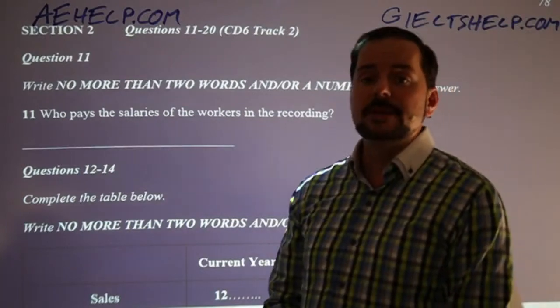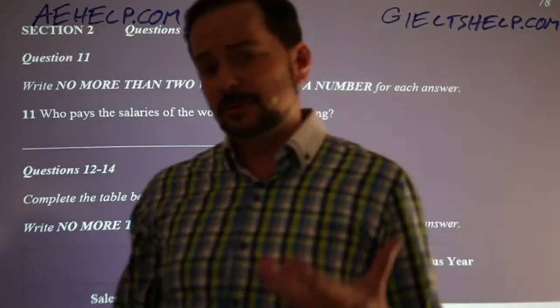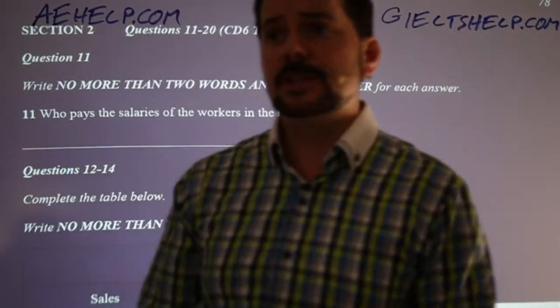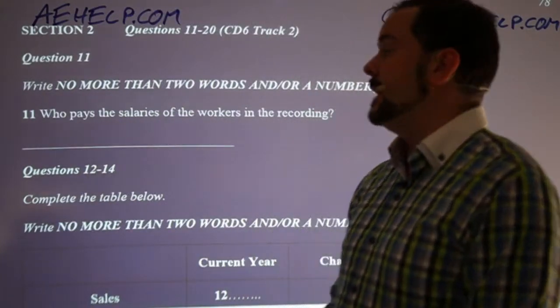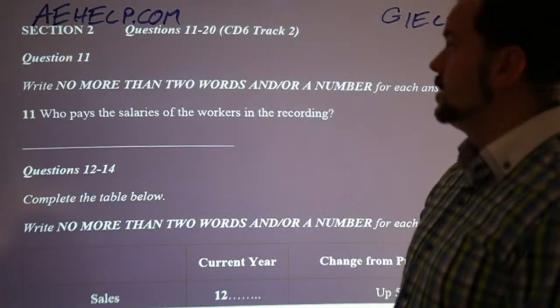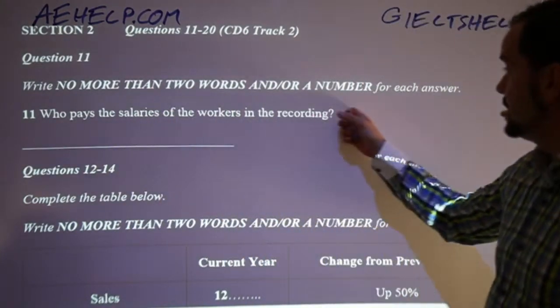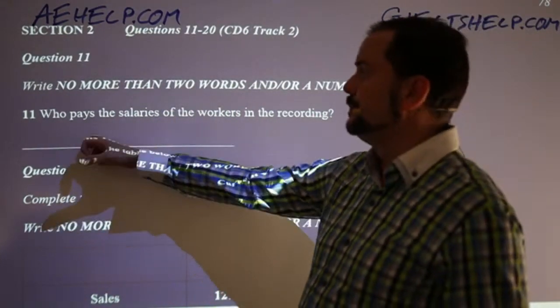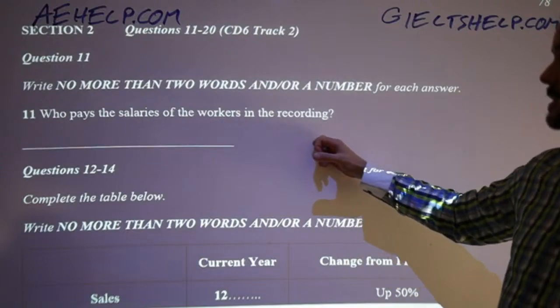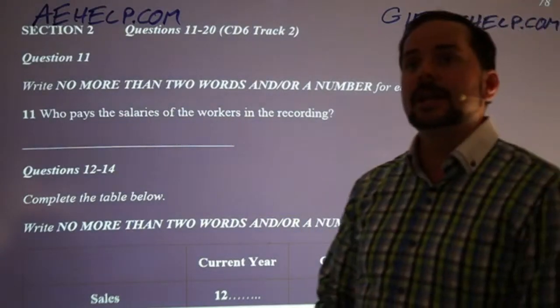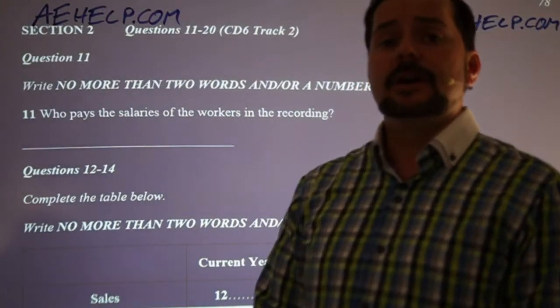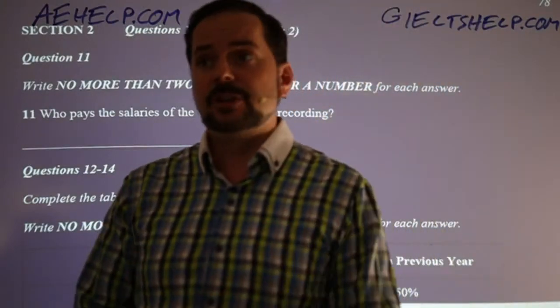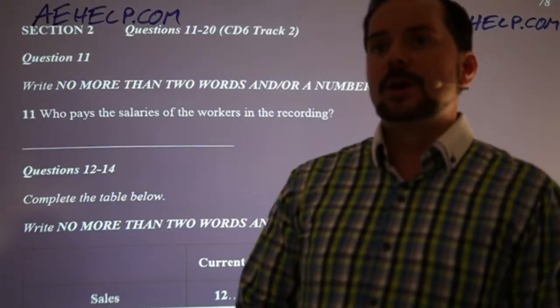Definitely a company meeting, some kind of a software development company by the sounds of it. Here we go. So write no more than 2 words and or a number for each answer. Who pays the salaries of the workers in the recording? This was very clear. They mentioned this very, very clearly. It's one word.